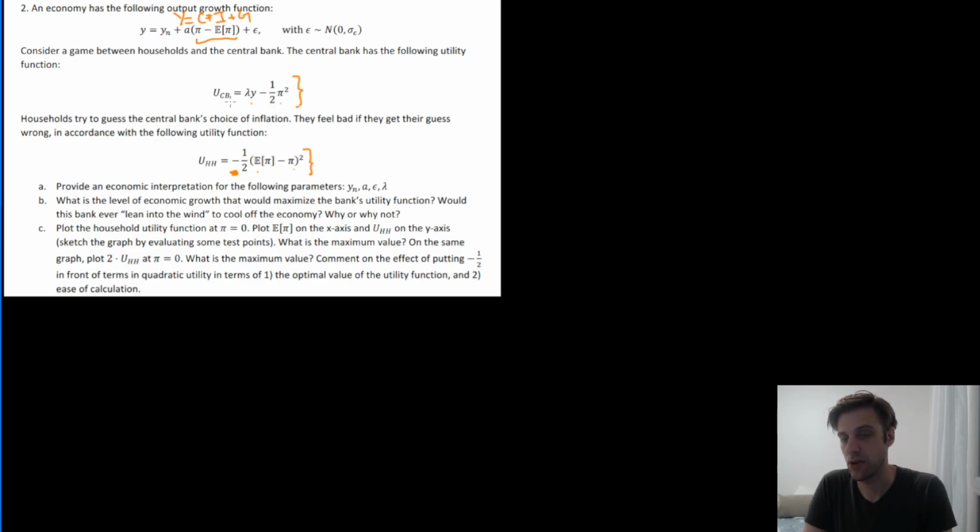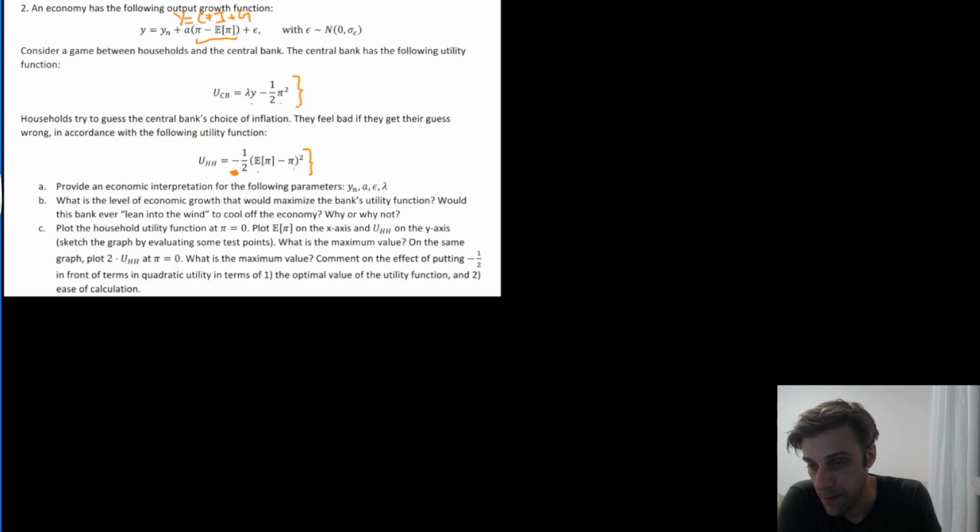The central bank is going to have a target in mind. It's going to choose a y, it's going to choose a pi. And then, simultaneously, the household is going to guess what that policy will be. Then we'll put all the solutions together and see what happens to actual inflation, output and welfare. That's going to be our research strategy here.